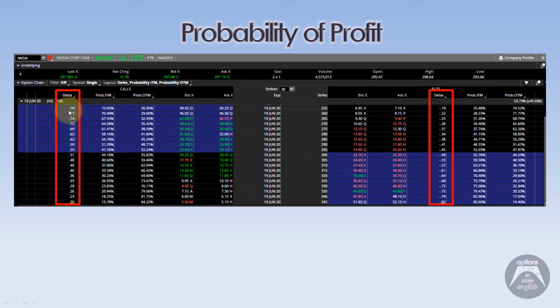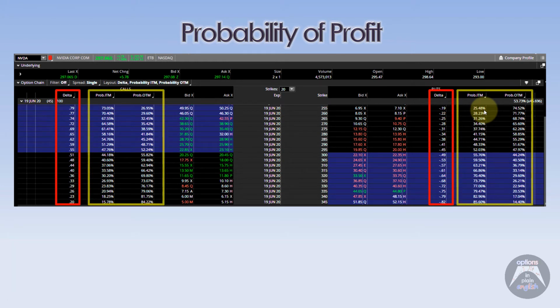We have the delta for calls and for puts as well. I've also pulled up the probability of in the money and probability of out of the money. So these are the probability of expiring in the money and the probability of expiring out of the money.